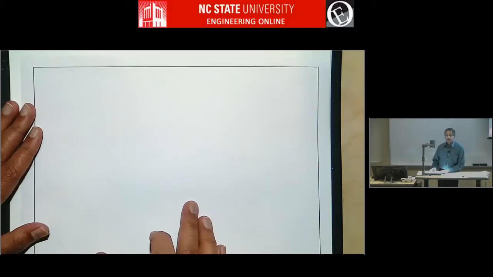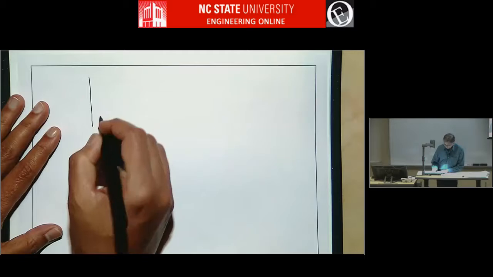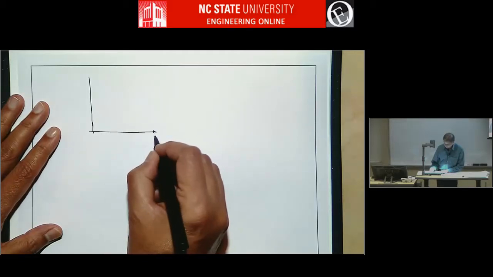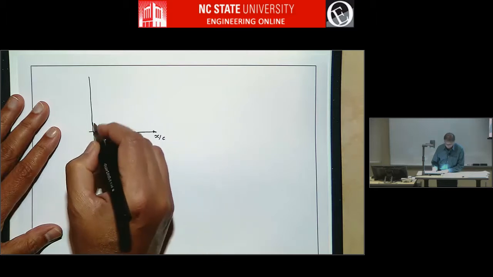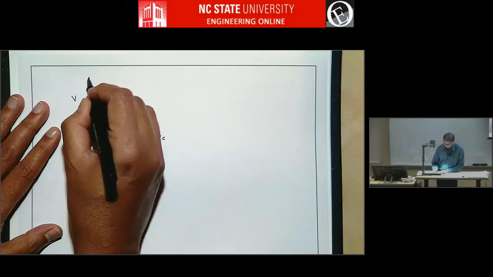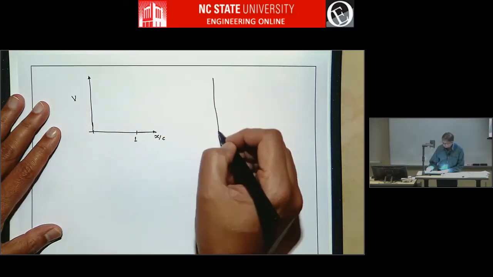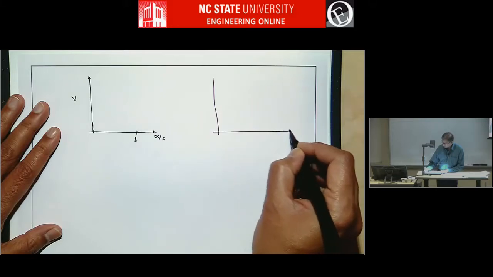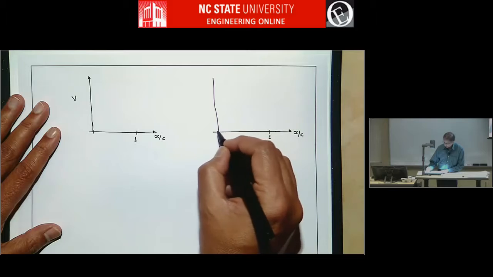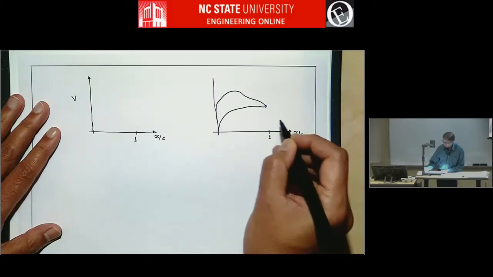Okay, so if you look at the velocity distribution for an airfoil, usually the type we have been looking at is mostly cusp trailing edge, and for that the velocity distribution is usually like this, something like this, right?